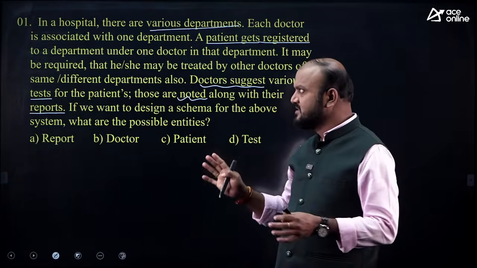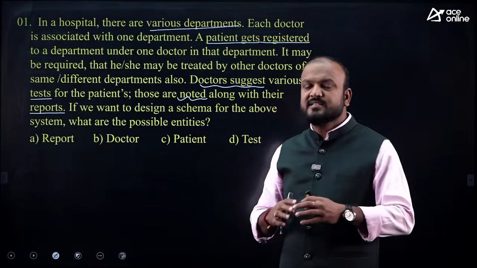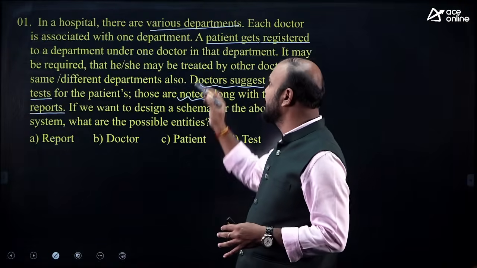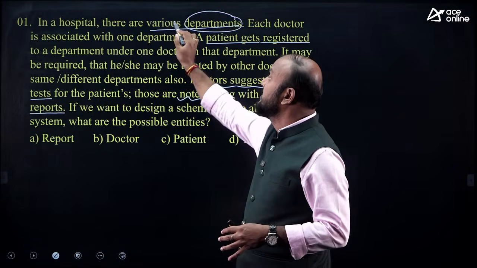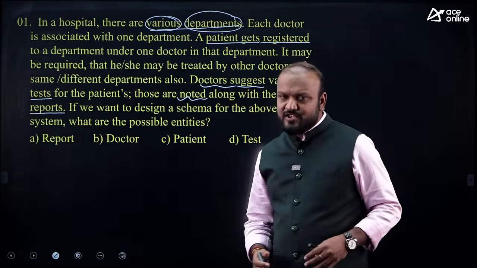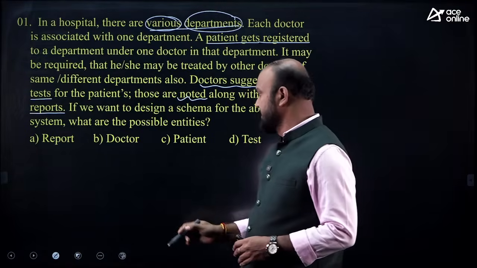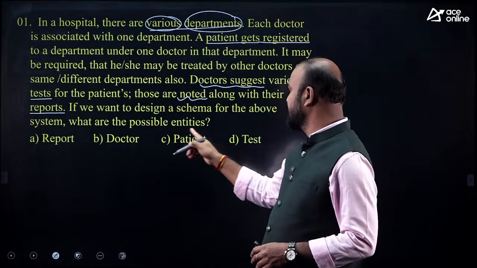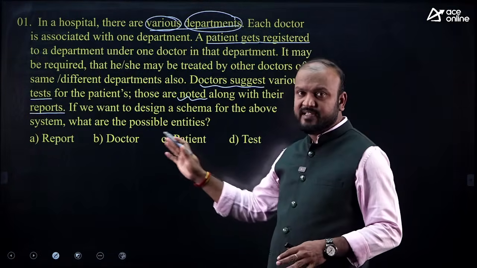Now, by looking at this scenario, what we understand is it is about a hospital. In hospitals, there are various departments. It requires us to have details about the departments. Here the options are report, doctor, patient, test. Department is not given in the options.